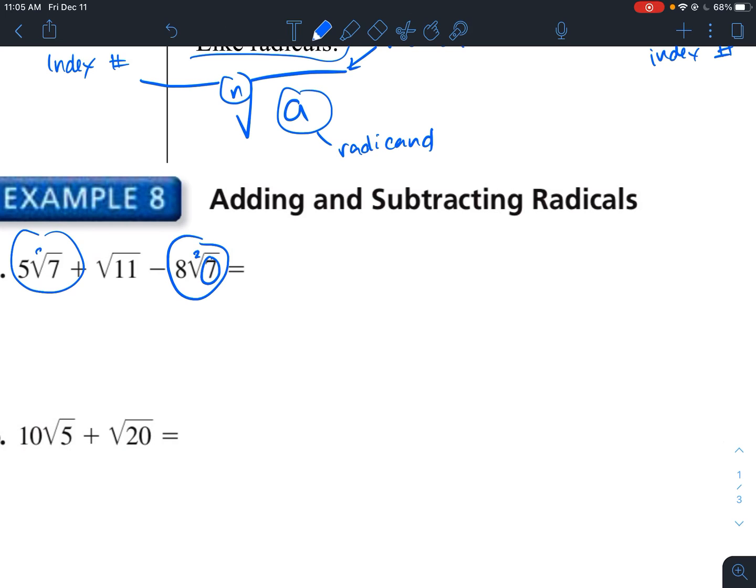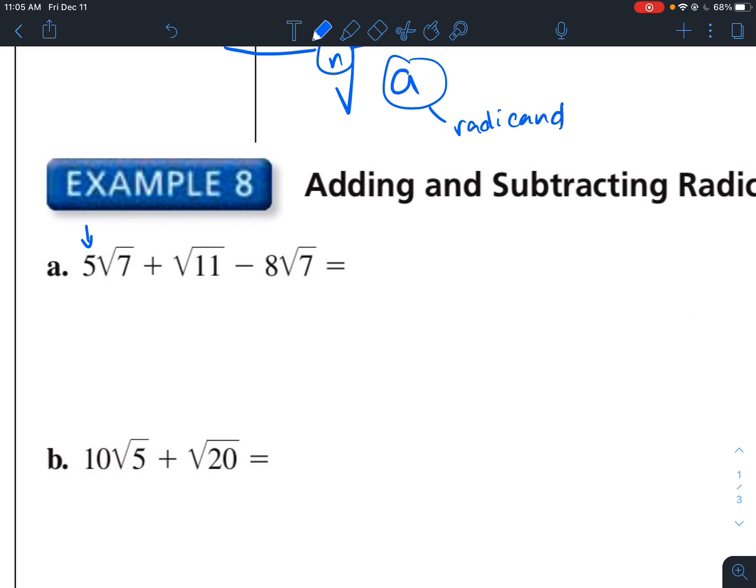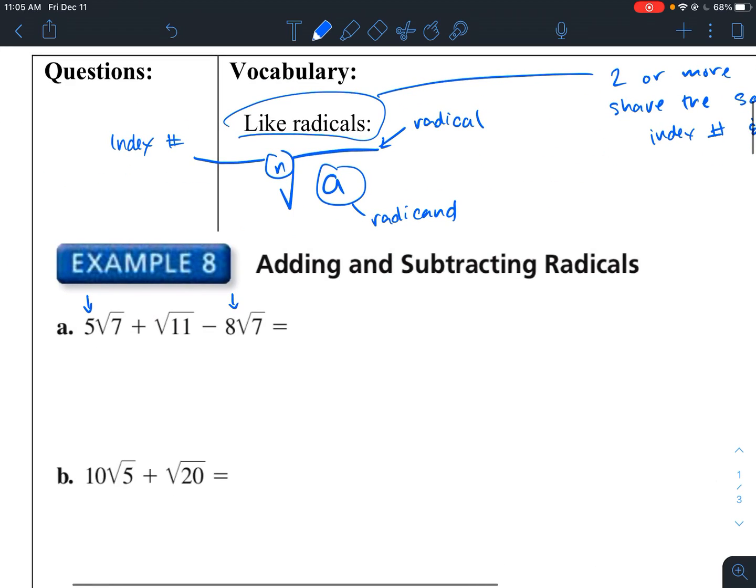This one has an index number of 2 and a radicand of 7. Now, the coefficients in front of the radicals are 8, 5, and negative 8. But to be like radicals, it doesn't say anything about the coefficient. They just have to have the same radicand and index number.